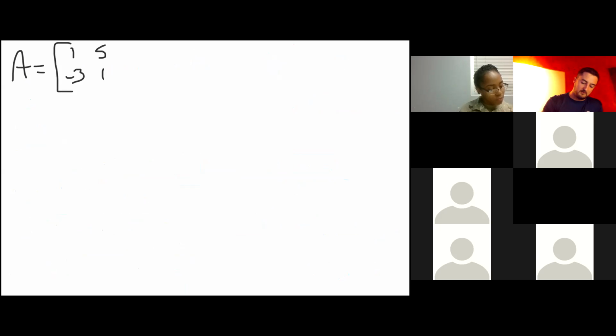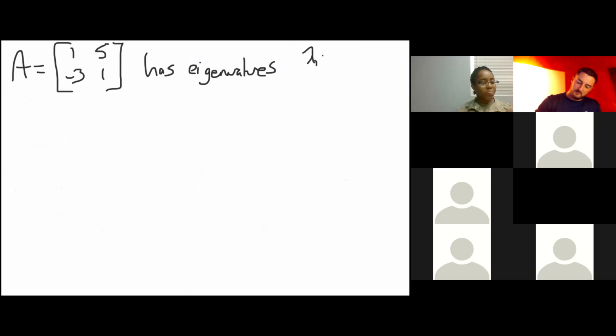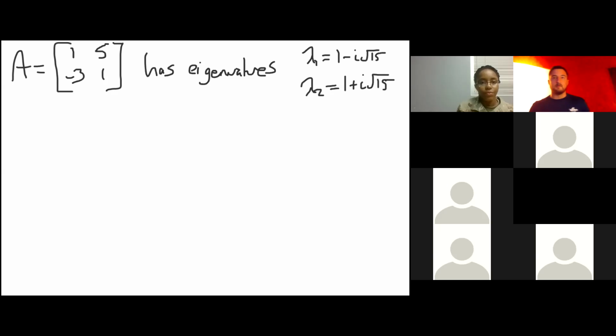So let's rewrite everything, just to get our summary. We had the matrix A, which is 1, 5, -3, 1, has eigenvalues lambda 1, 1 minus i times the square root of 15, and lambda 2, 1 plus i square root of 15.